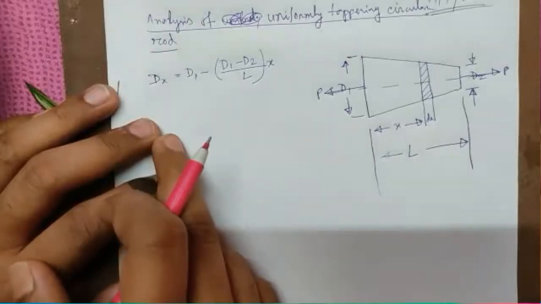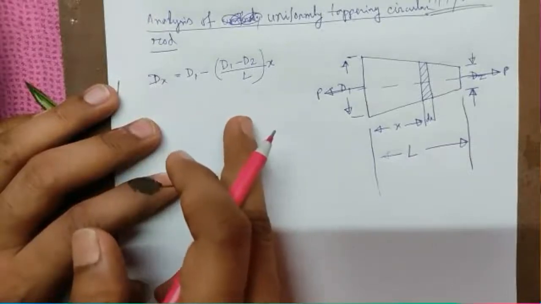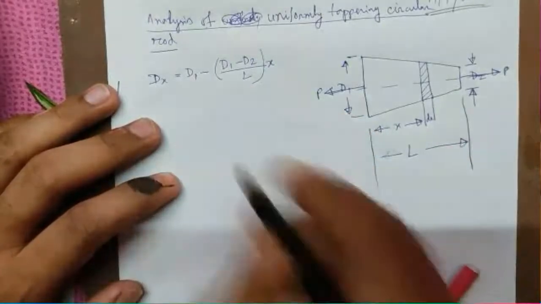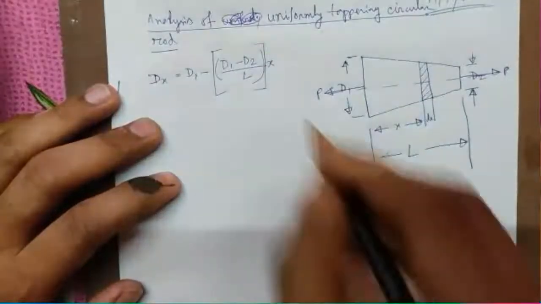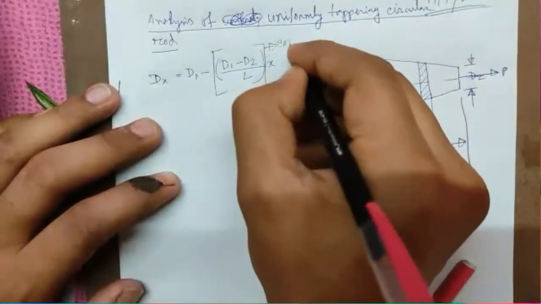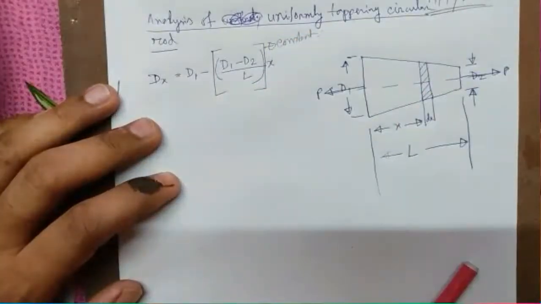Now, this d1 minus d2 by L, this term is a constant, because d1, d2 and L are defined.